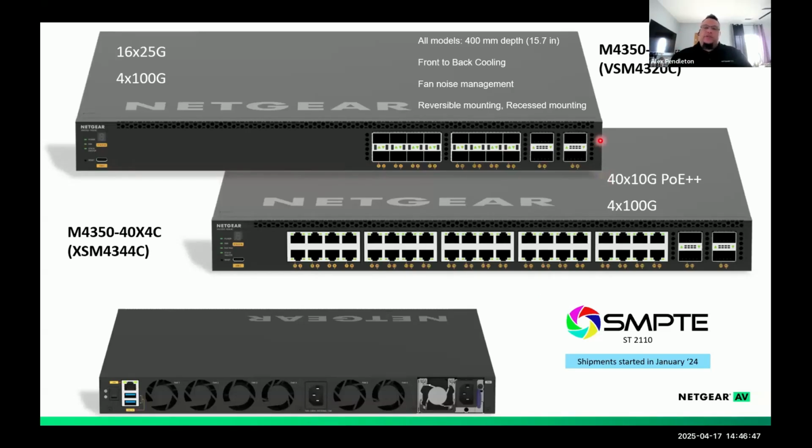Our M4350 16V4C means it has 16 25 gig fiber ports, SFP28, and then it has 4 100 gig QSFP28 uplinks. Then we have the 40X4C M4350, which does 40 10 gig PoE++ ports and 4 100 gig QSFP28 uplinks.